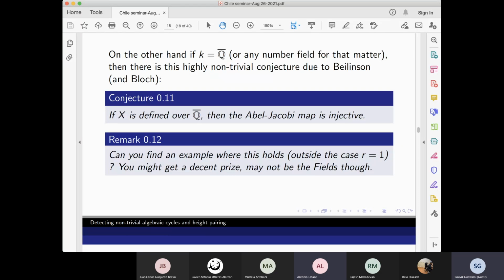Can I ask? Yes. For example, if you take the projective space, then the Chow group is generated by the class of a hyperplane and its intersections. Everything is known. Yes, exactly. For P^n, the projective n-space, everything is known. So you want to exclude in remark 12 something like rational varieties?